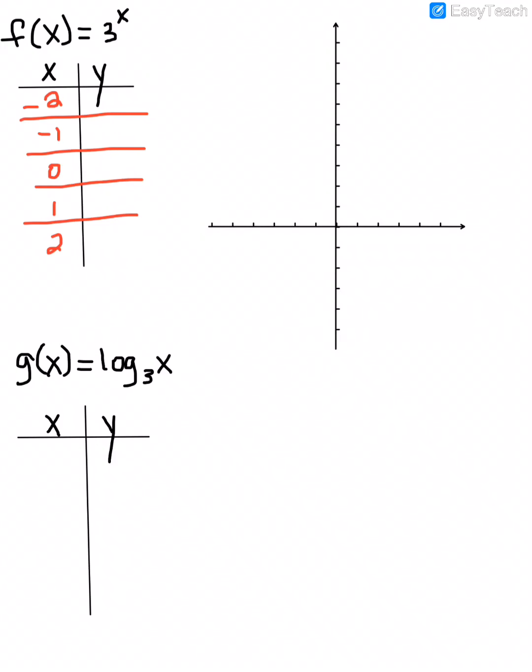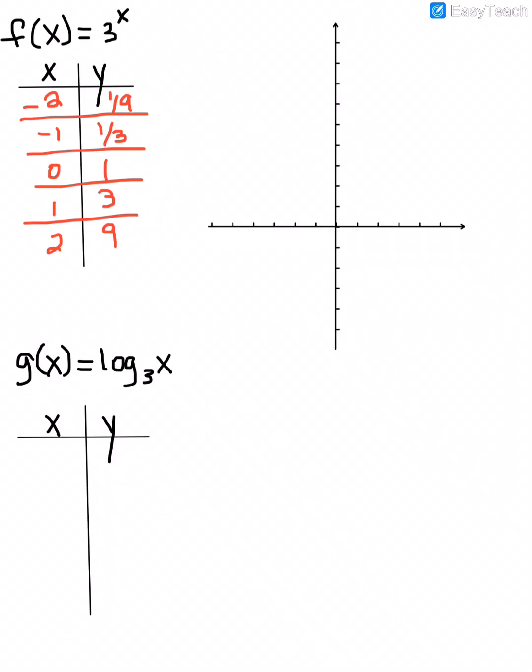So 3 raised to the negative 2 power. Remember, to get rid of that negative, we flip the base, so we have 1/3 squared, which would be 1/9. Okay, and then 3 to the negative 1 power would be 1/3. 3 to the 0 power, anything to the 0 power is 1. 3 to the 1 power is 3, and 3 squared is 9.